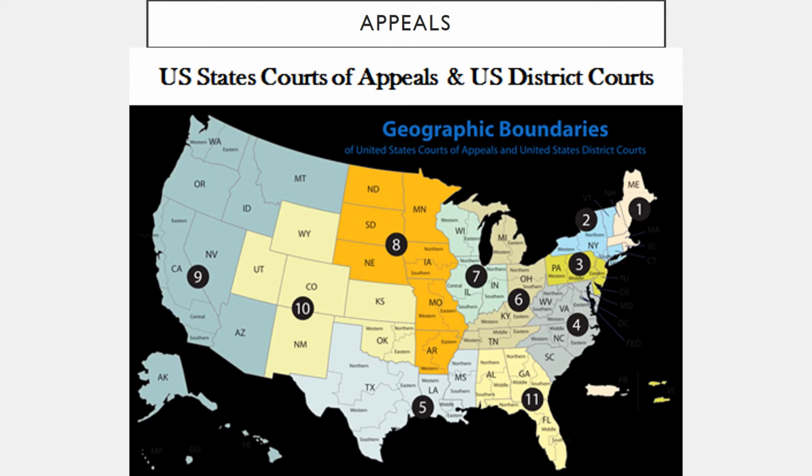But if that case is appealed by either your side or the prosecution, then that case could go to the 10th Circuit Court of Appeals, which is in Denver, Colorado. So anything that happens in Utah, Wyoming, Colorado, New Mexico, Oklahoma, or Kansas would end up in Denver if it's a federal case and if it's appealed, and the Court of Appeals there in Denver agrees to hear it. So that's how that works for federal cases.